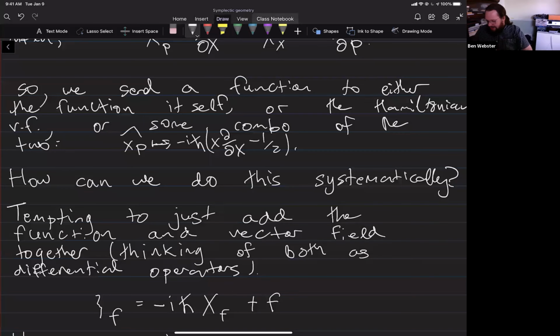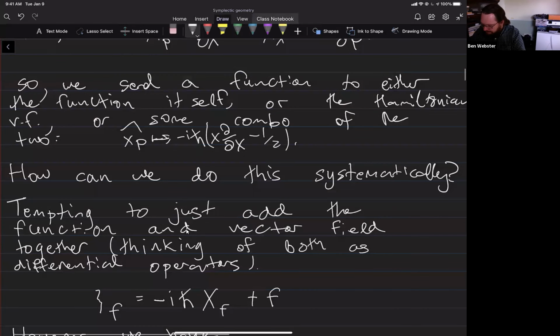So we can start with a function f and construct a differential operator, which is minus i h bar times the Hamiltonian vector field of f plus multiplication by f. That's a perfectly good differential operator.